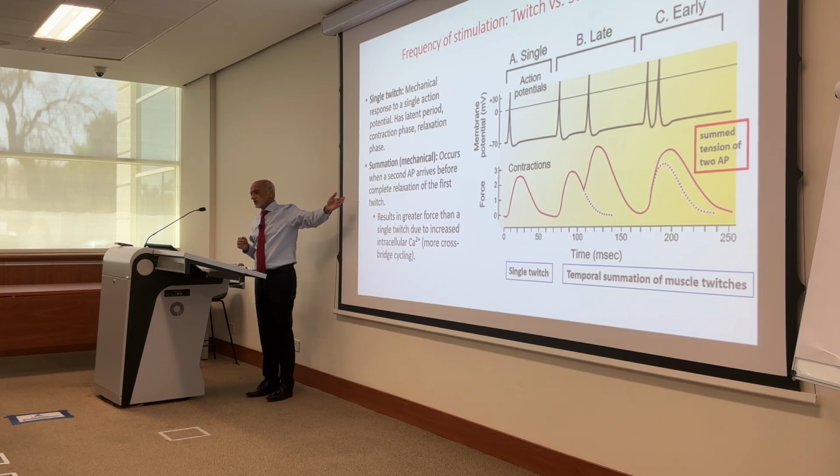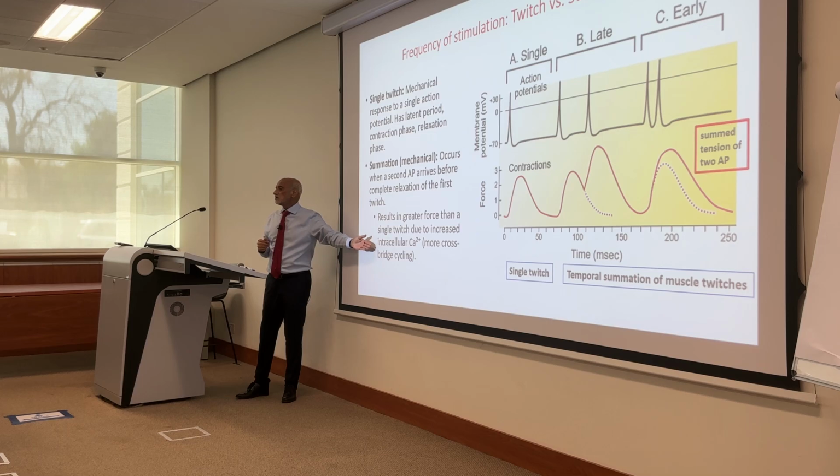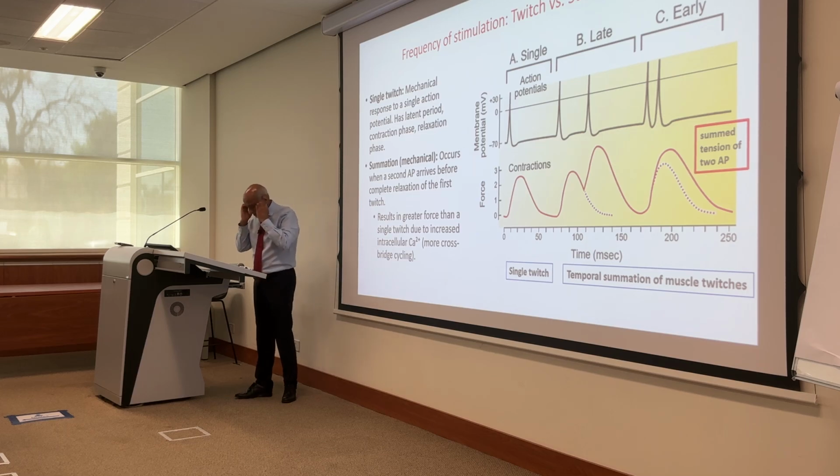Summation. This is where you add one contraction to another contraction. Again, you will get a greater force only because the amount of calcium that's still remaining in the sarcoplasm tends to get higher.